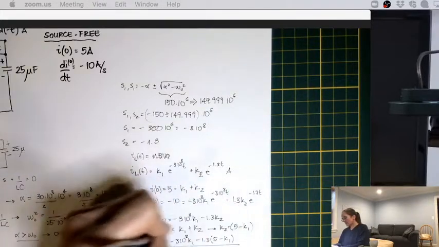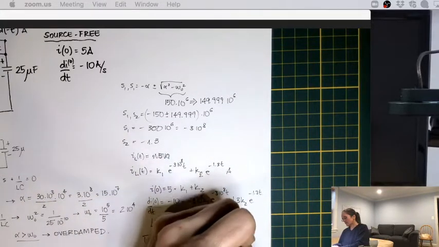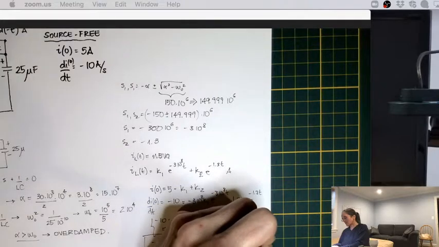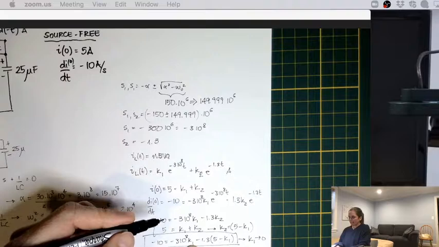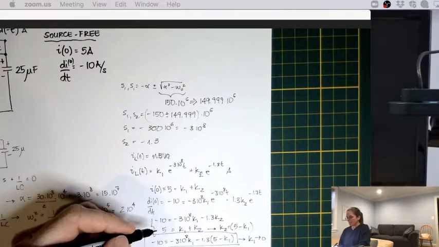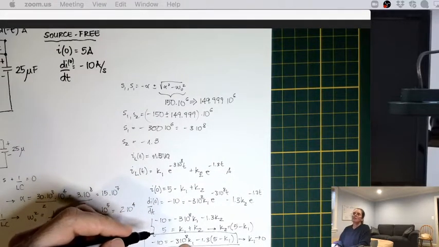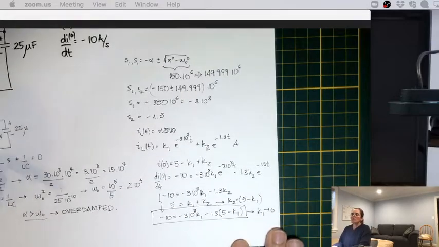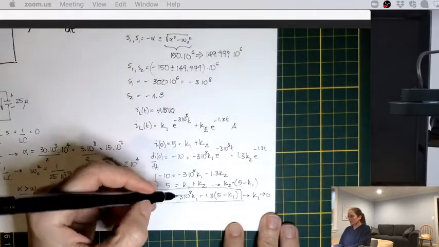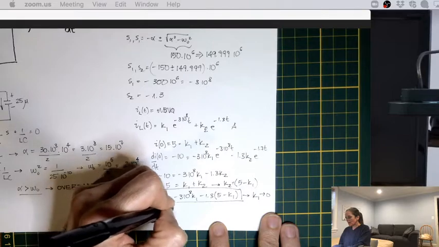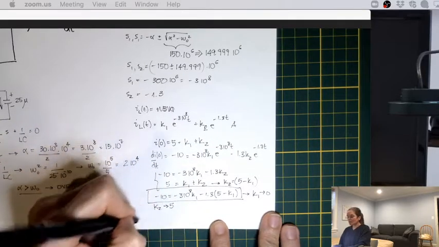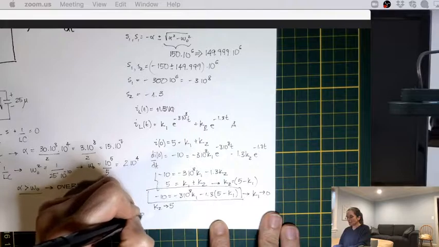From here, I find K1 is going to tend to 0, right? Because whatever happens here, it's going to be divided by 3 times 10 to the 8. And then K2 is going to be almost 5. So I'm going to be approximate.